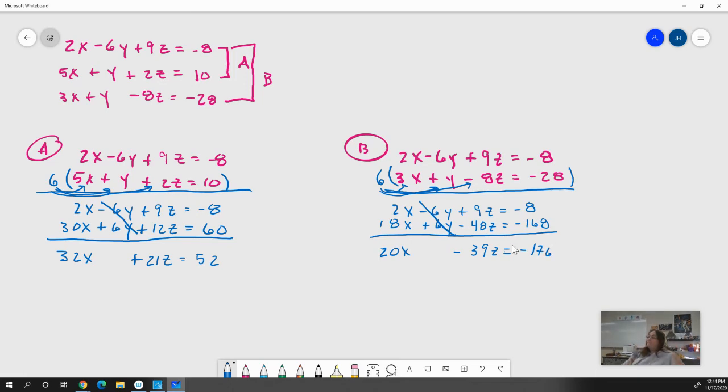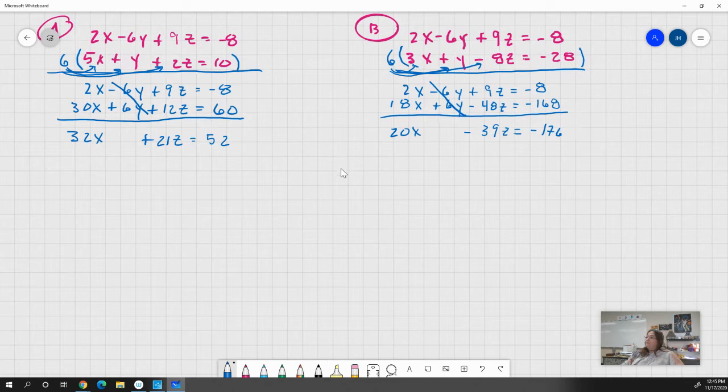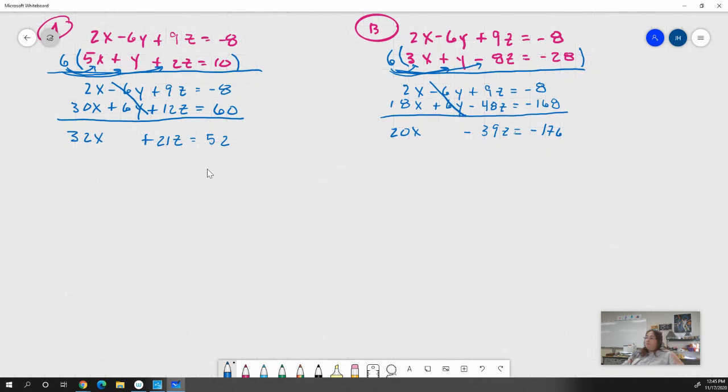And if you notice, I am left with a 2-variable problem here and a 2-variable problem here. And we're going to use those to make a 2-variable system and figure out what our x and z equal. And then once we find that, we can plug it back into one of the original equations and figure out what our y is.